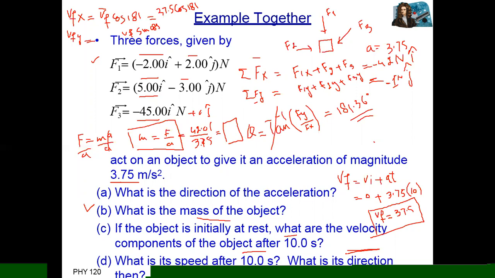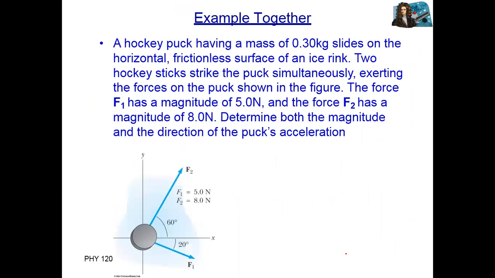Now we have this example. I will upload the solution of this example, but let me discuss with you how to solve this question. Let's suppose this one is a hockey puck. Two forces are applied on it.